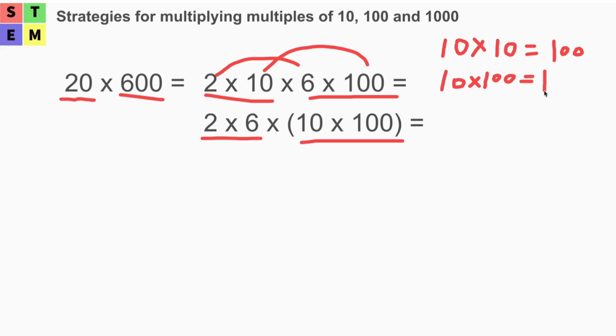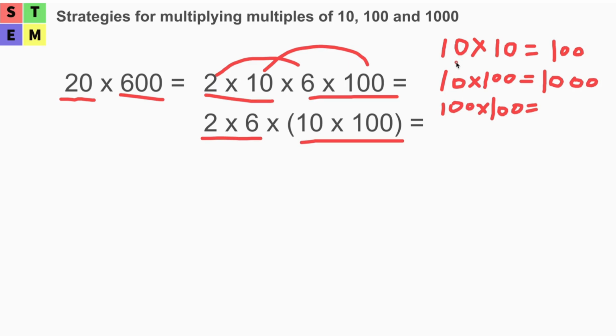Equals 1000, right? 1000. And we're going to have 100 times 100, and that equals what? How many zeros do we have?